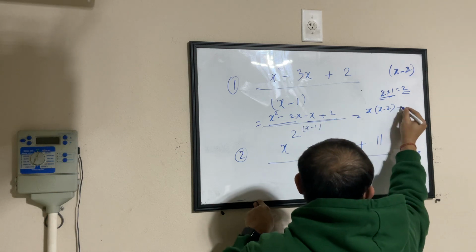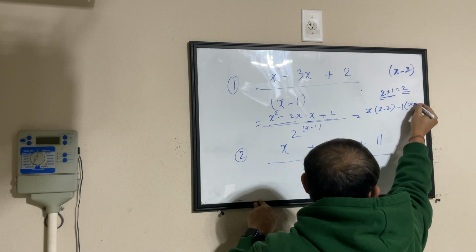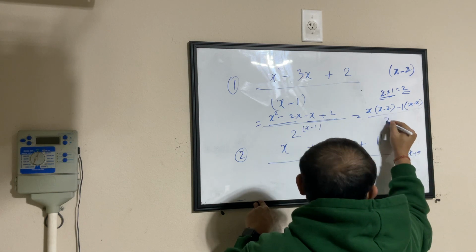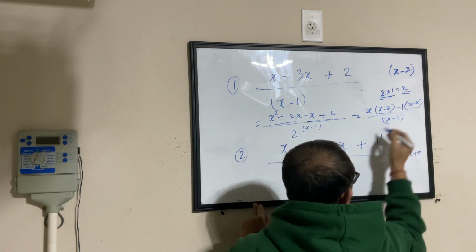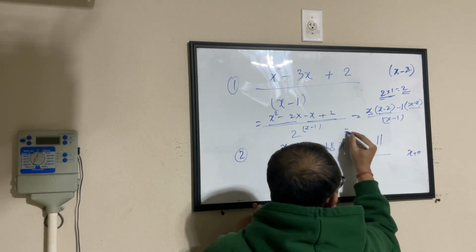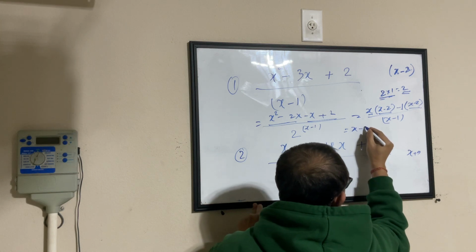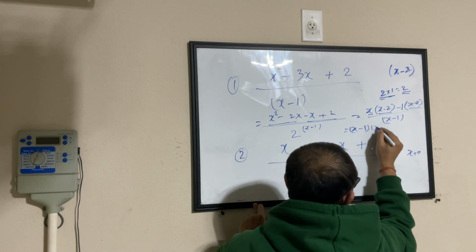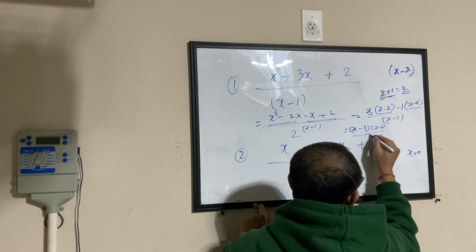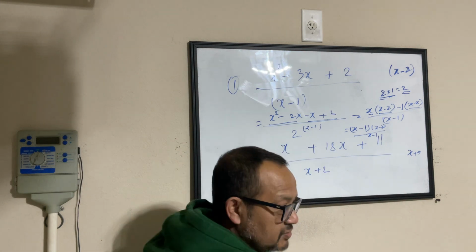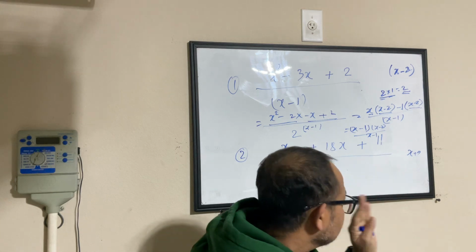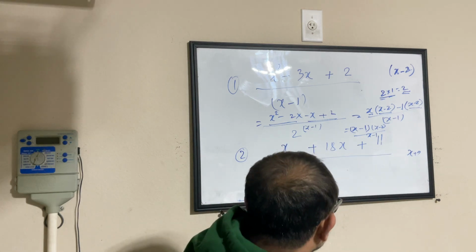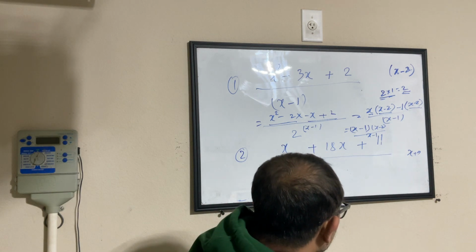Here you take minus 1 common, which becomes x minus 2. So clearly this becomes common, and the expression gets factorized as x minus 1 times x minus 2, divided by x minus 1. I will not tell you what to do next. So everybody got the right answer. Wonderful.